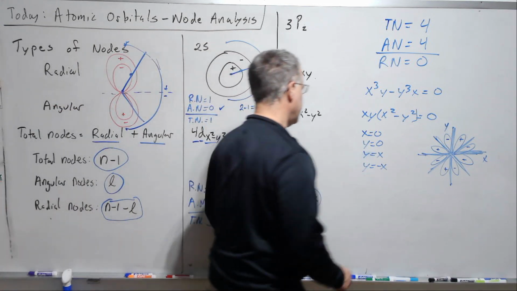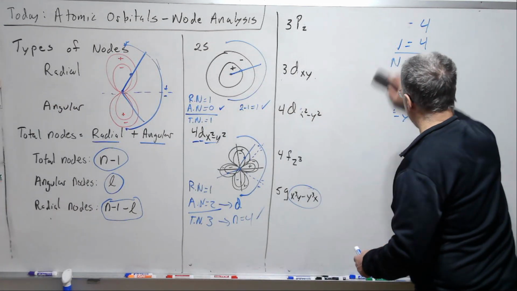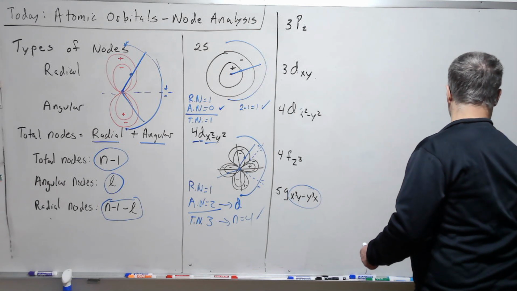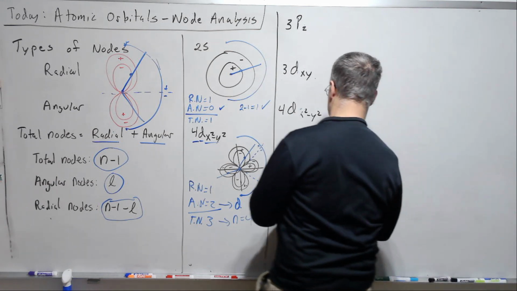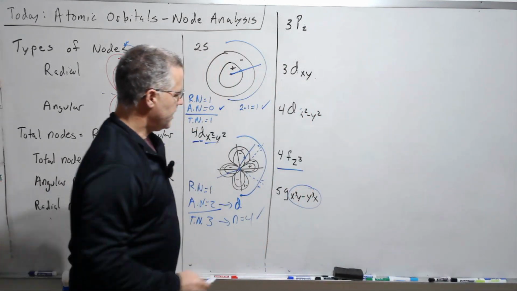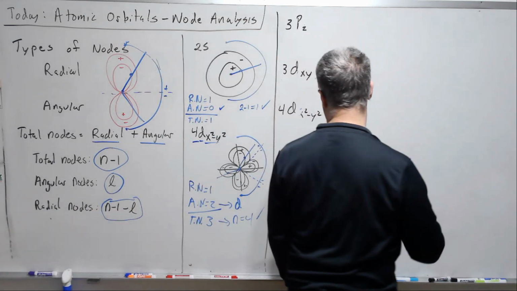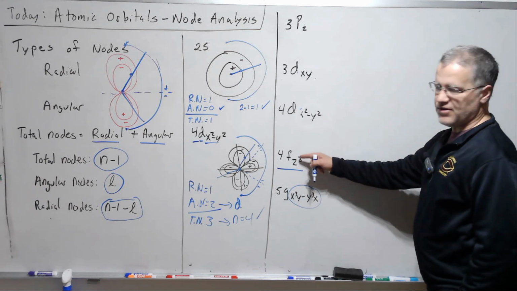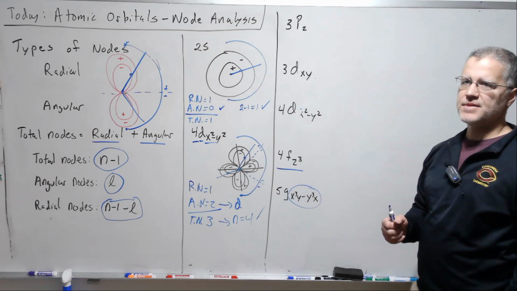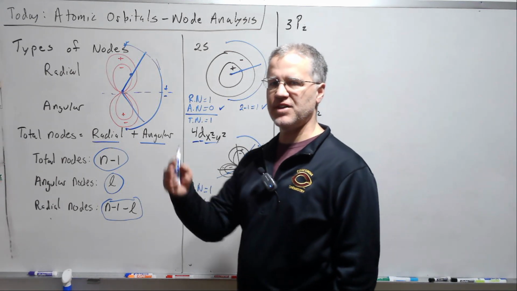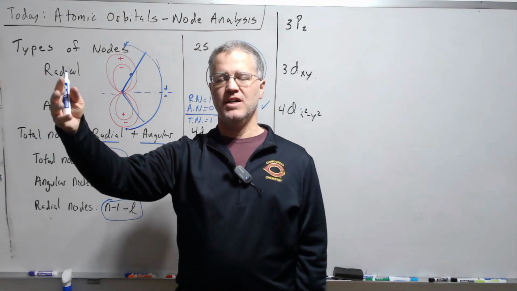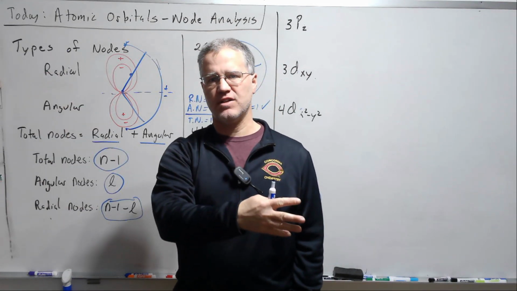Let's look at the next one here. Let's do this one, and let's see what this looks like. This represents a degenerate case, and just like with the D's, we have the dumbbell, that one dumbbell with a hula hoop that's kind of by itself, and then all the clover leaves.